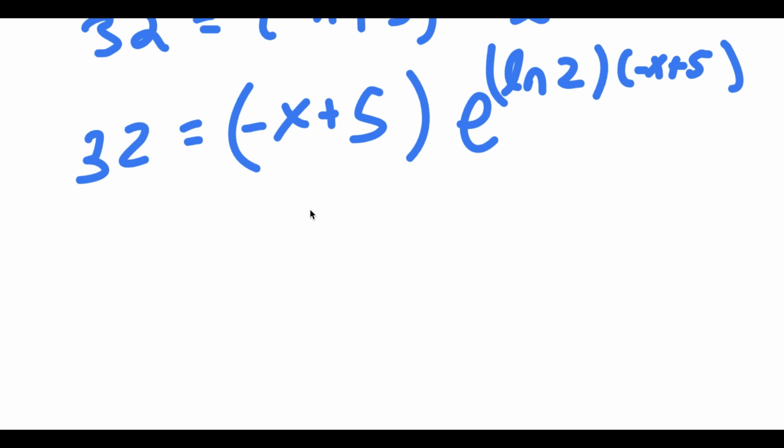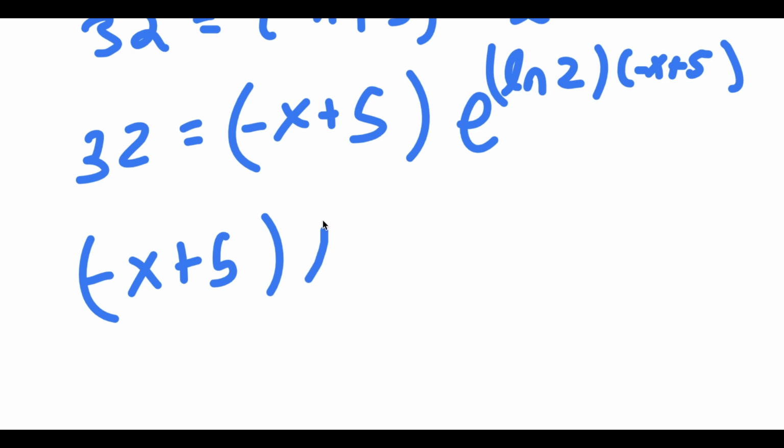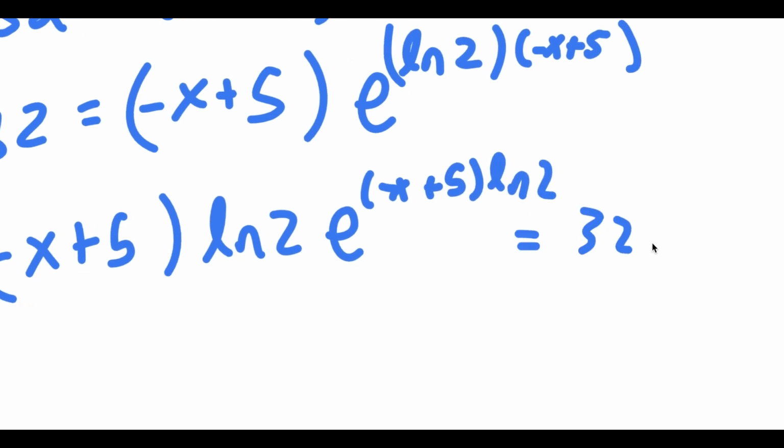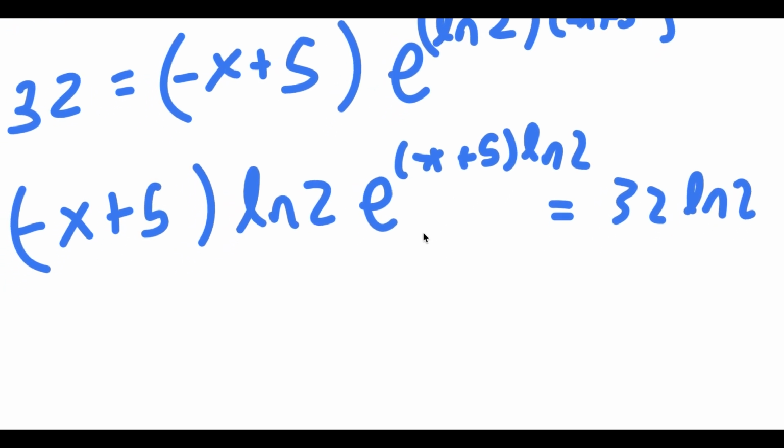And now this is the same thing as negative x plus 5 times ln 2 e to the power of negative x plus 5 times ln 2 is equal to 32 times ln 2. So I just multiply both sides by ln 2.